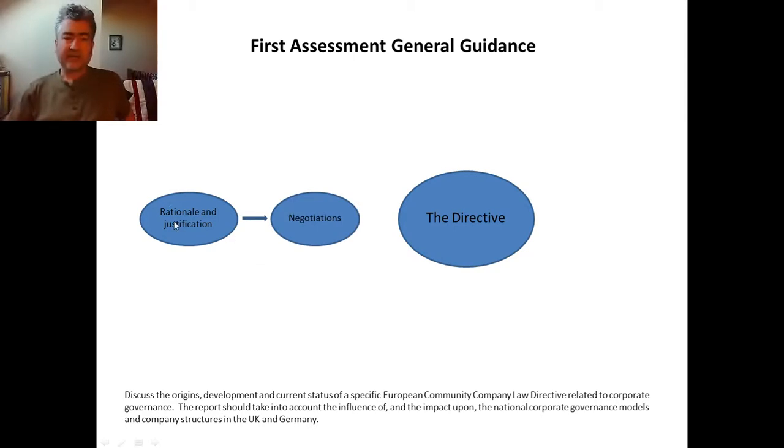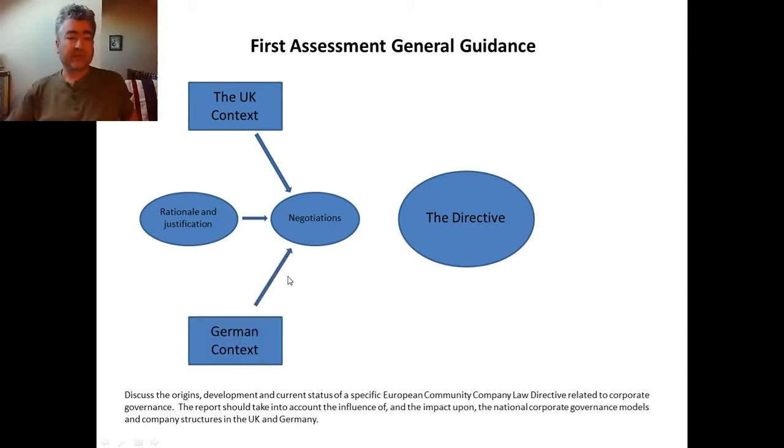What then happens is that individual member states get involved in negotiations on how that directive might look, and this is where we need to take into account our modes of corporate governance and company structures. So we need to understand our UK context and we need to understand our German context.